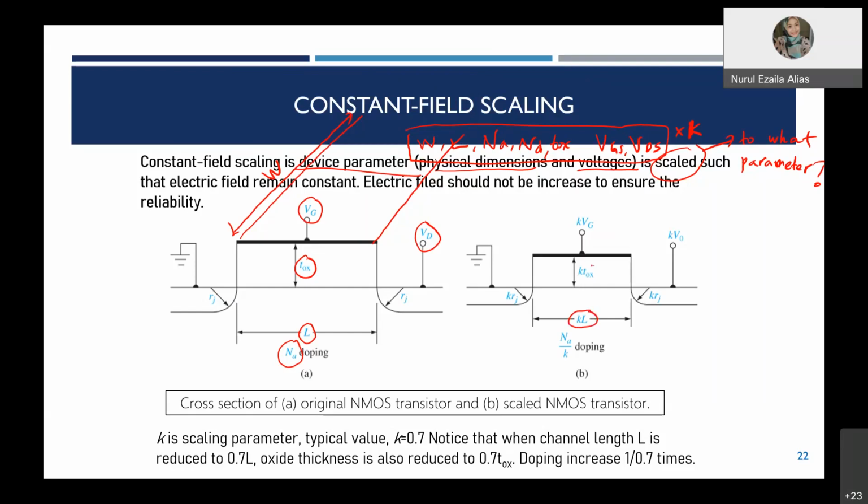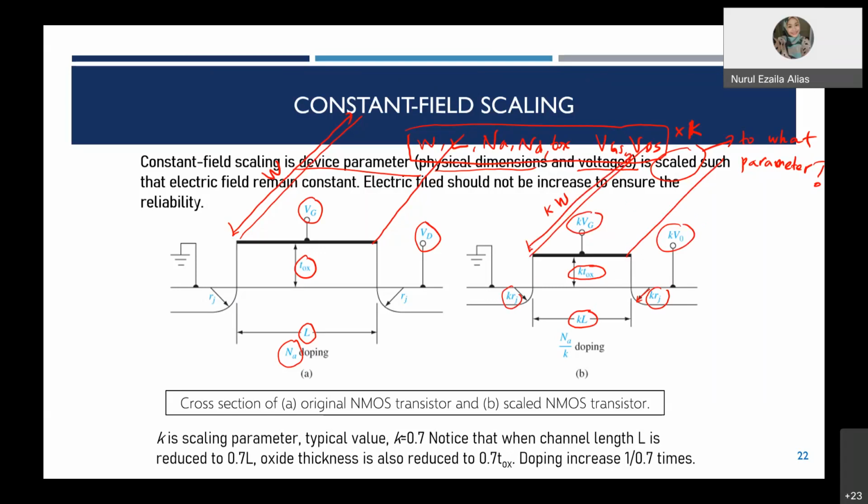And the Tox also you multiply by K. And this is the radius of the drain region. So RG is also multiplied by K, and the voltage is also multiplied by K. If you have W over here, also multiply by the K value.